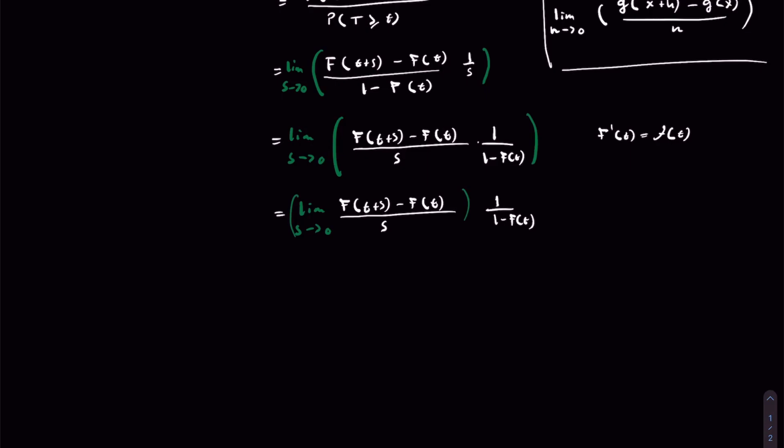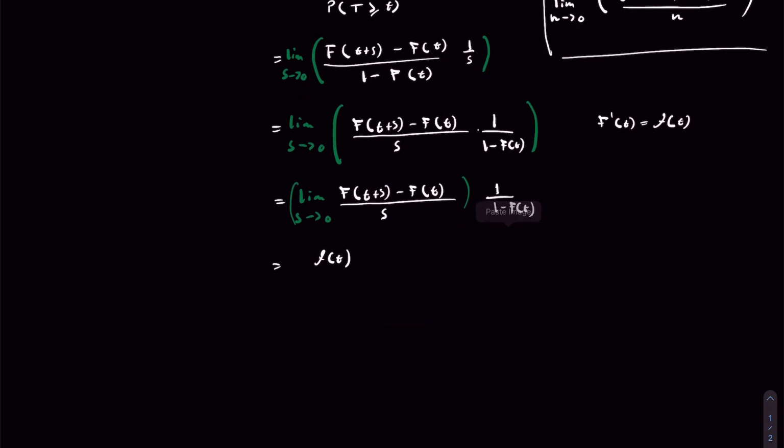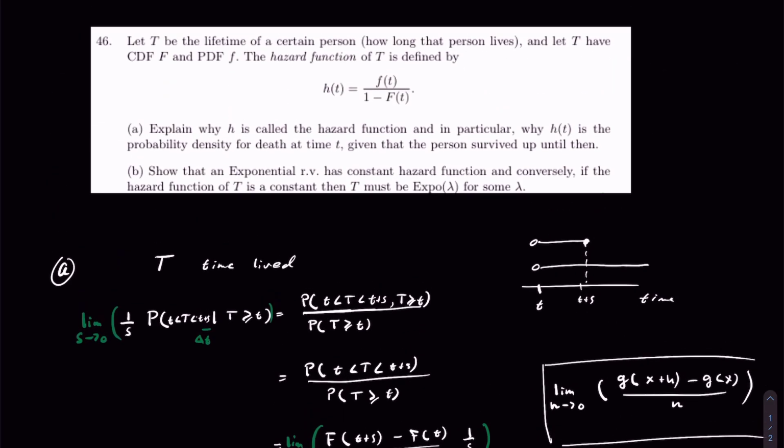That's the definition of the PDF for continuous random variables. And that's what we have here. So we rewrite this whole thing to be f of t. And now what we're left with is this other expression, and that is indeed the hazard function that we were supposed to prove. There we go.